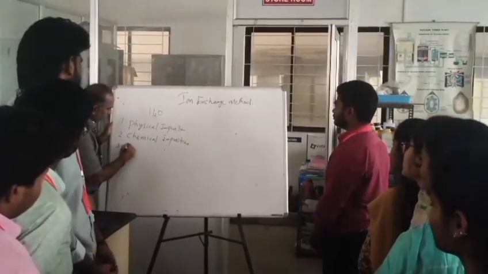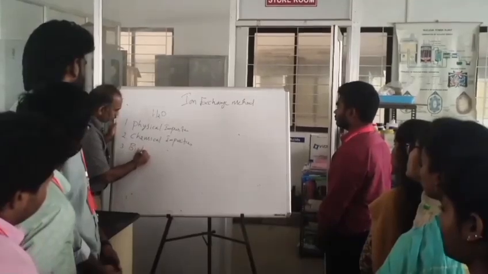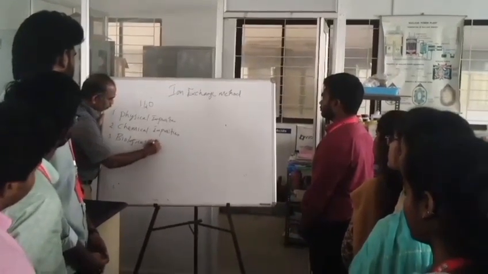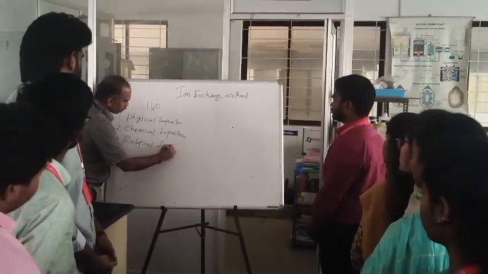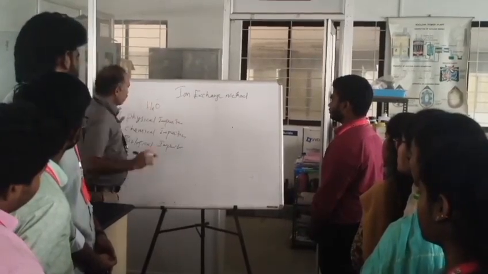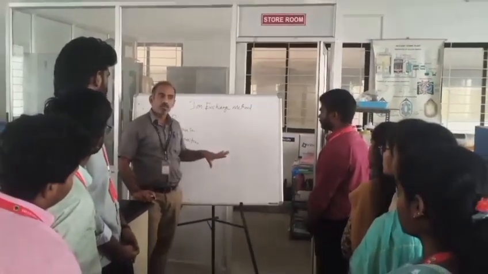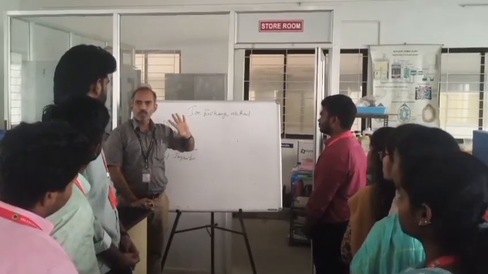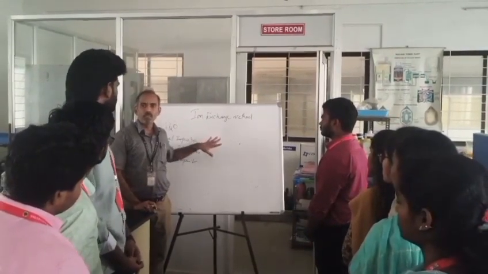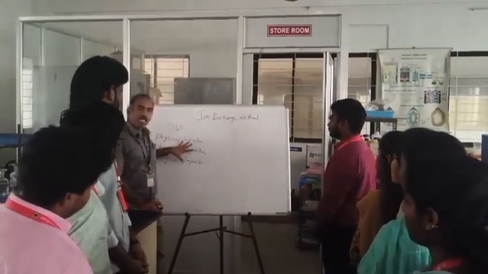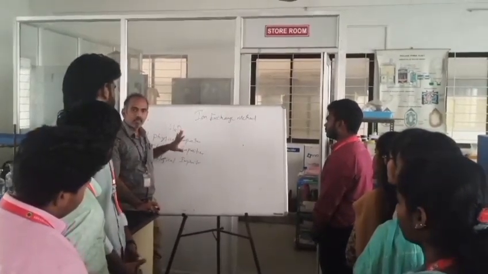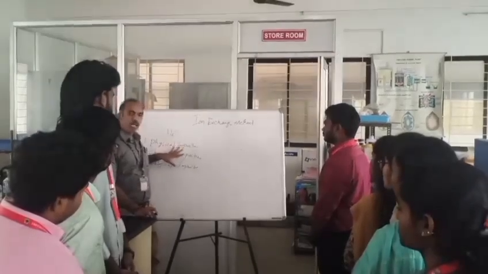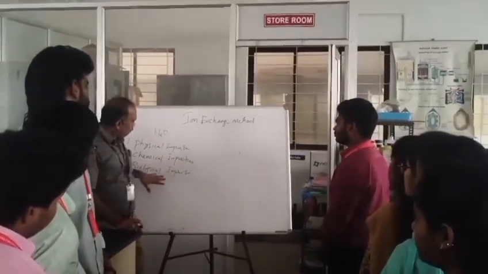Third is biological impurities. Take any kind of water except rainwater, and it contains impurities. So we mainly classify three categories: physical, chemical, and biological.